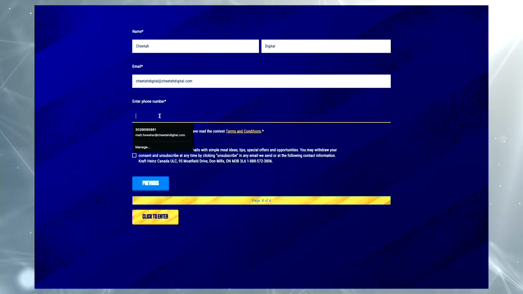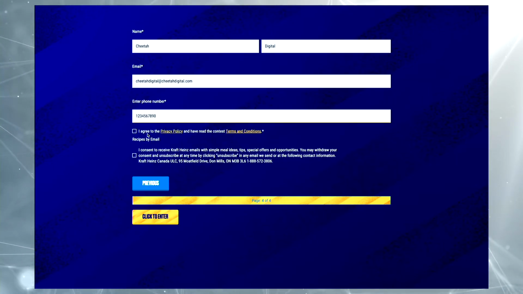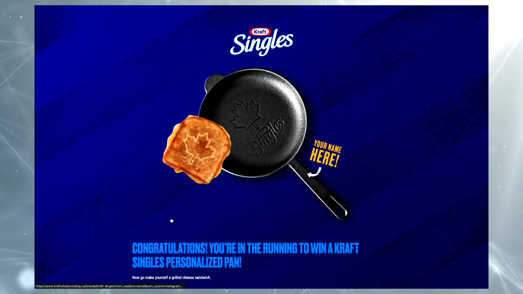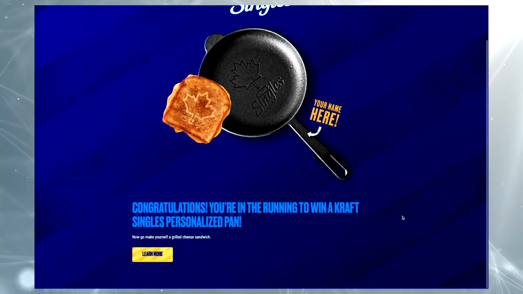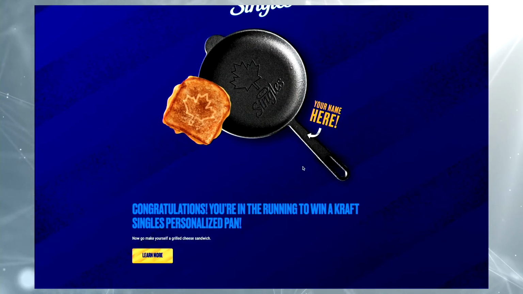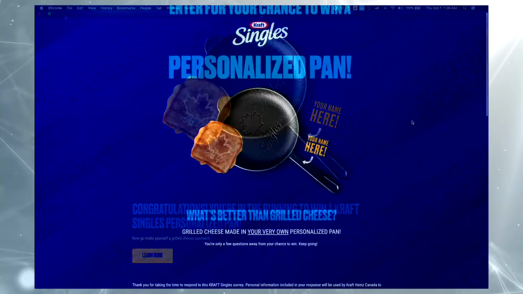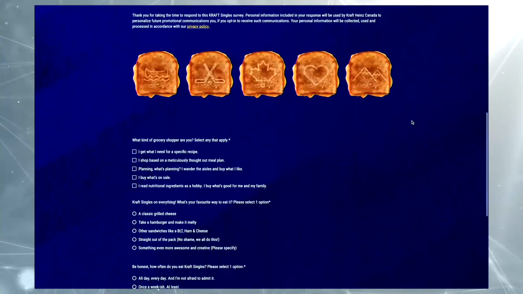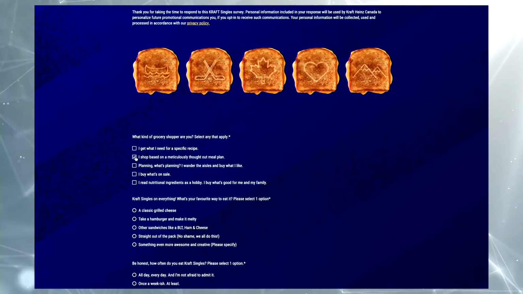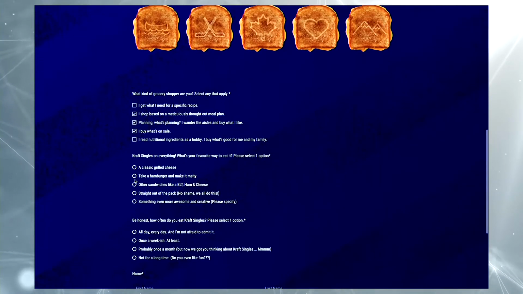So they were able to take what was a cookie through to having an opted-in email address for those that opted in, and to also get some really important zero-party data about their preferences and likes and dislikes for Kraft products as well. So there's a really good example there.